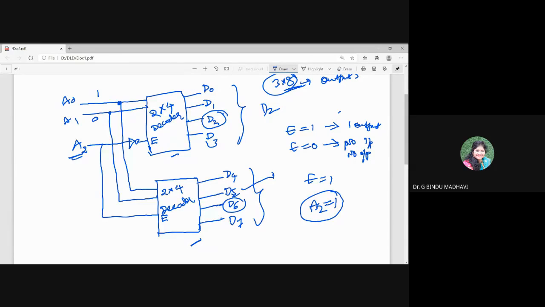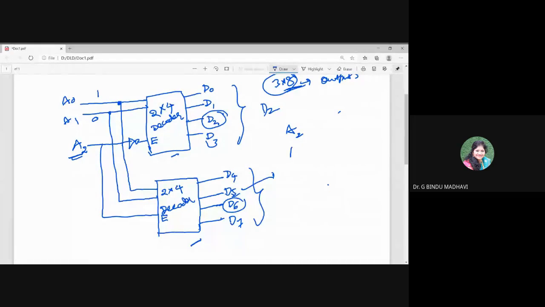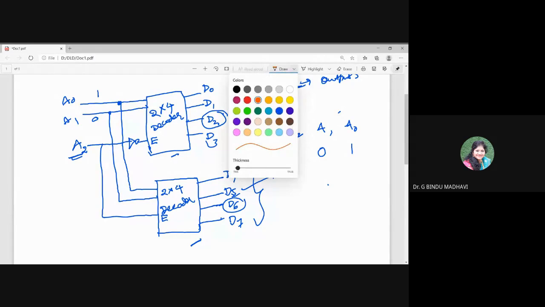So first thing, if the first decoder works, the second decoder doesn't work. Now we will see by taking one example. For example, I am giving A2 equal to 1. A1 is 0 and A0 is 1.